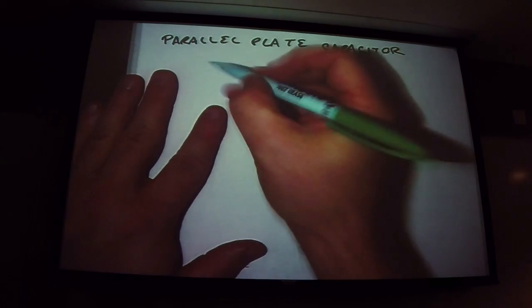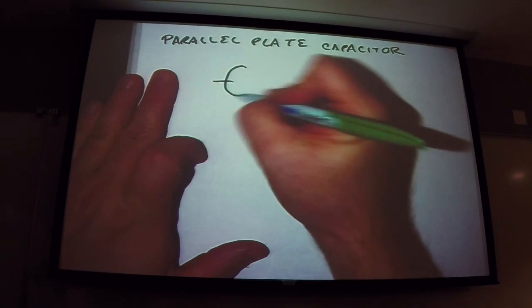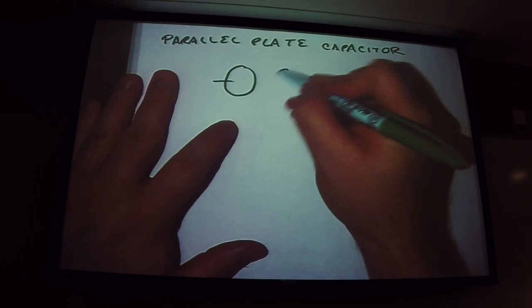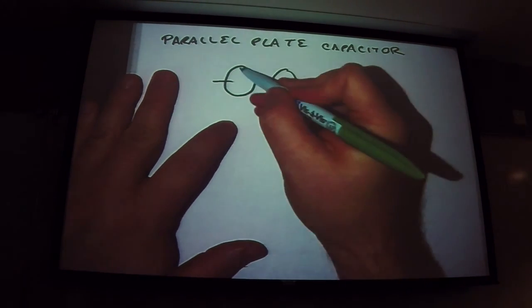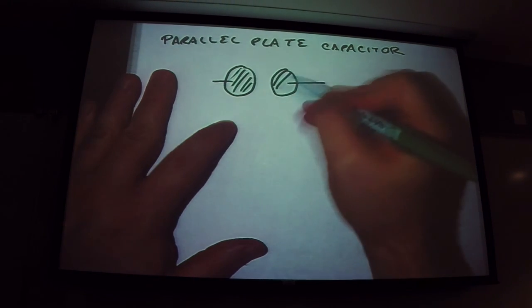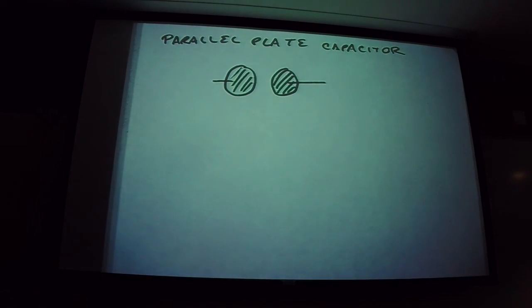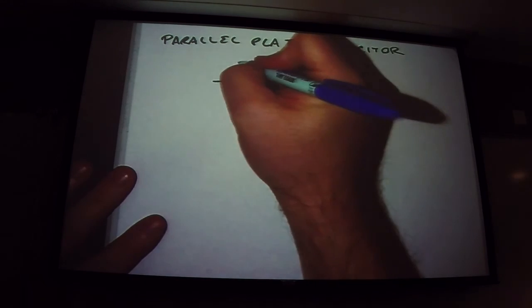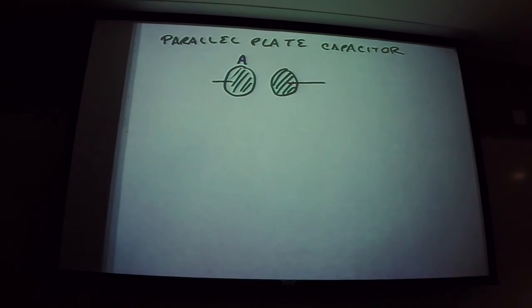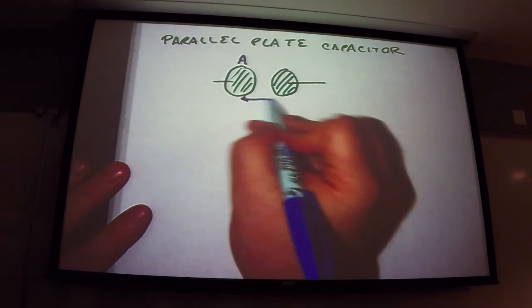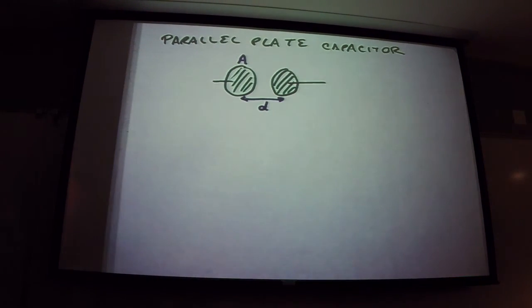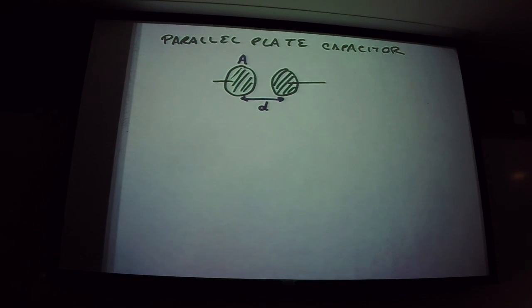Parallel plate capacitors, you have two plates that are parallel to each other, with area A, so that's the area of each plate, and they're separated by some distance D.